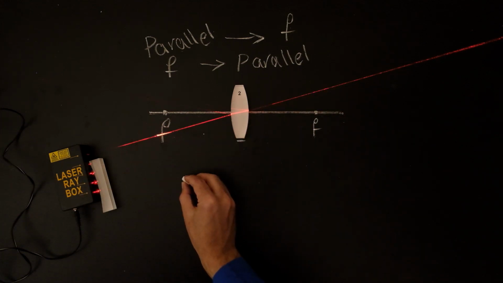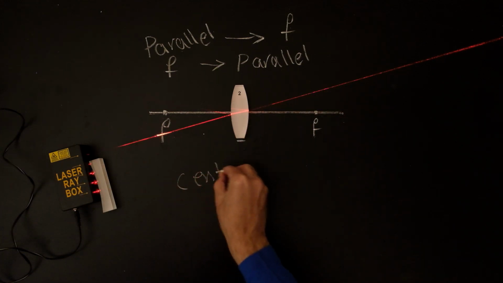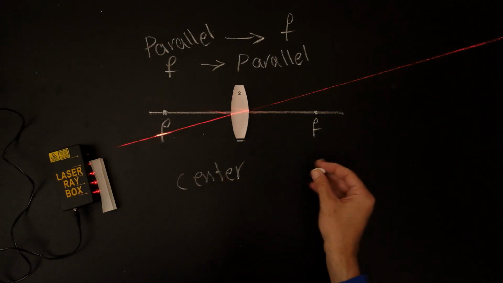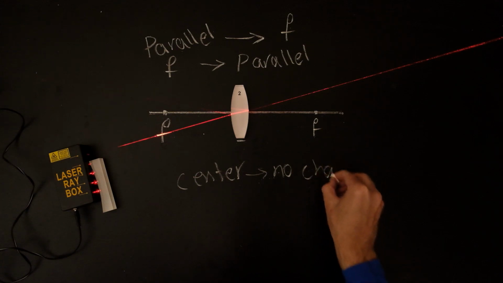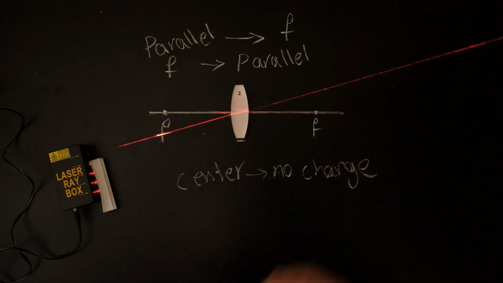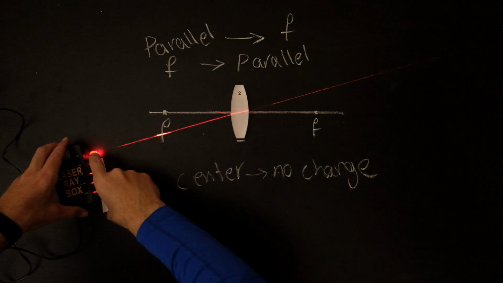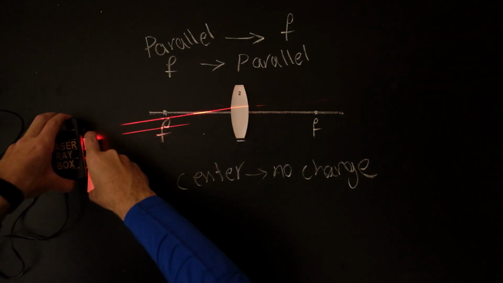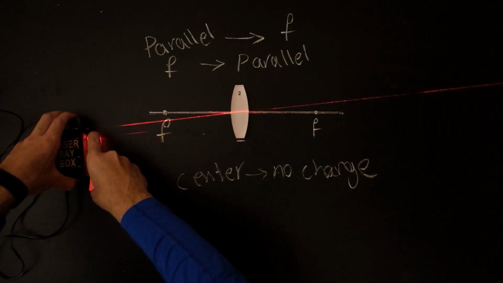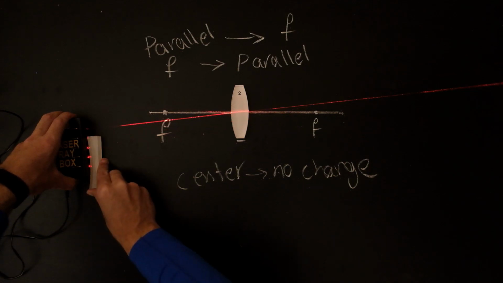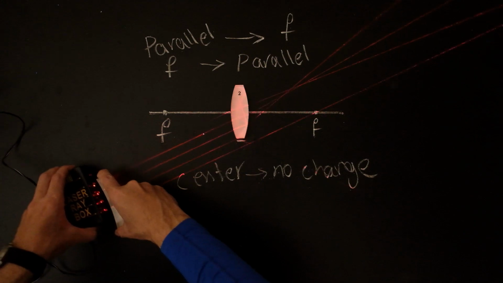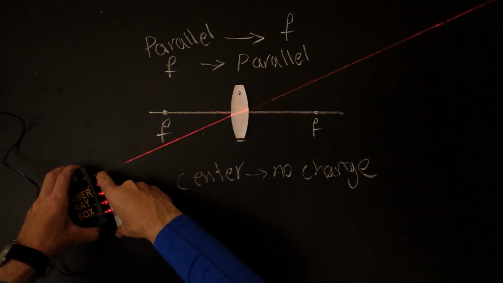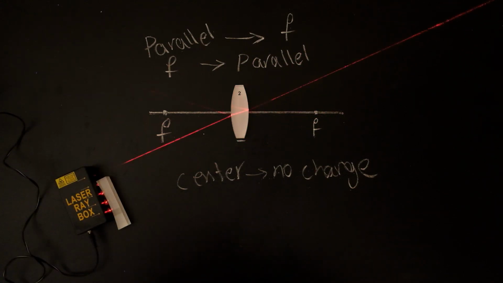Okay, so if it's center, no change. And again, doesn't matter, you can go through here. If it's center, there is no change. You can go through here. If it's center, there is no change.